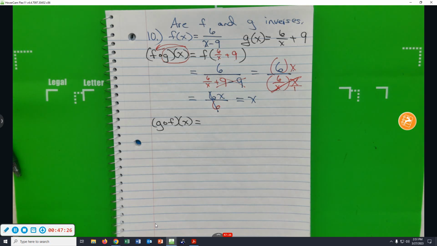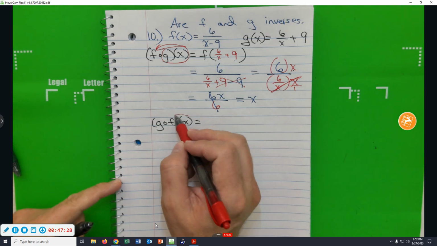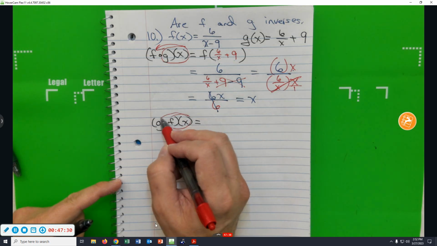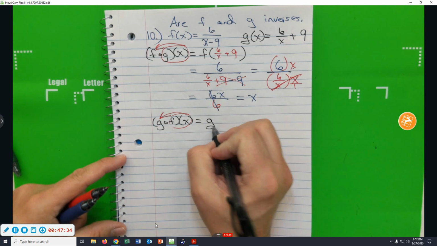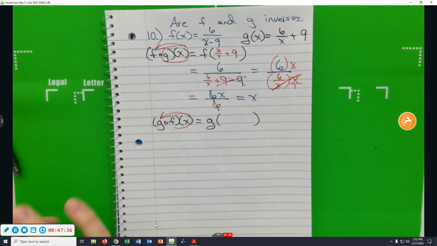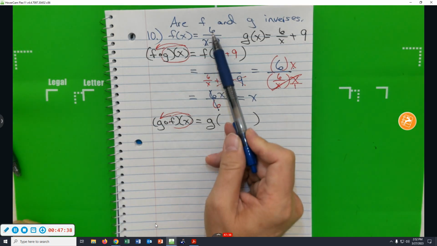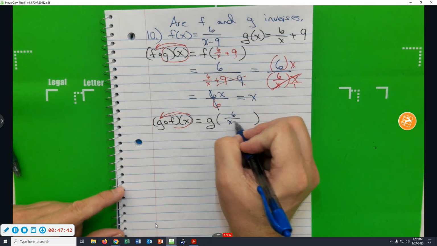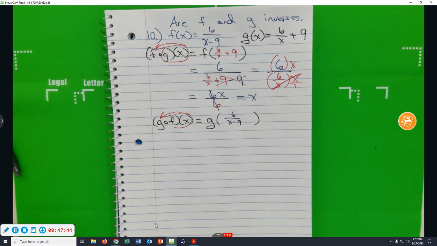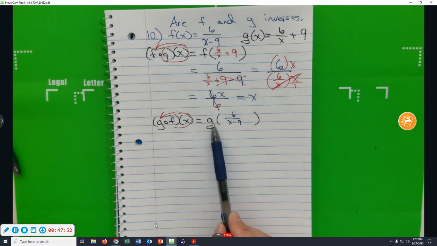That's saying we're going to take f of x and plug it into G. So G is on the outside, and on the inside we had f of x. That's 6 over x minus 9. So we're going to go to G, and wherever we see a variable, we're going to replace it with what?